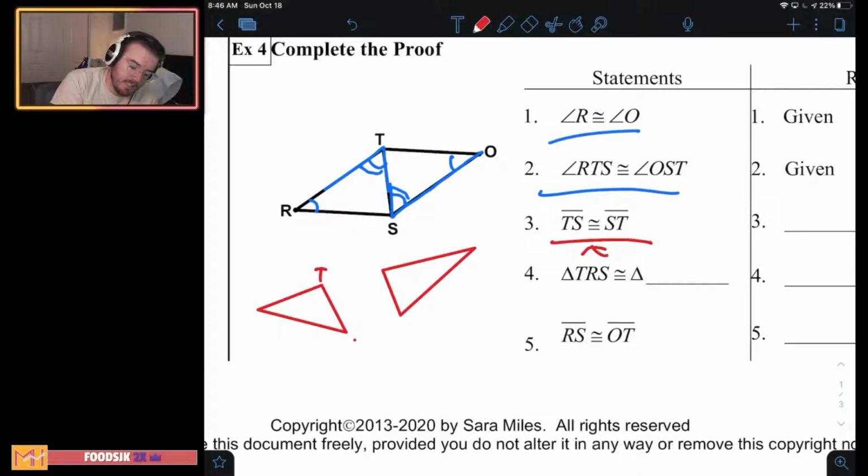This side is TS and this side is also TS, right? They are sharing a side. So we know that this angle and this angle are the same, and this angle and this angle are the same. They were literally sharing a side, so of course that side is the same.